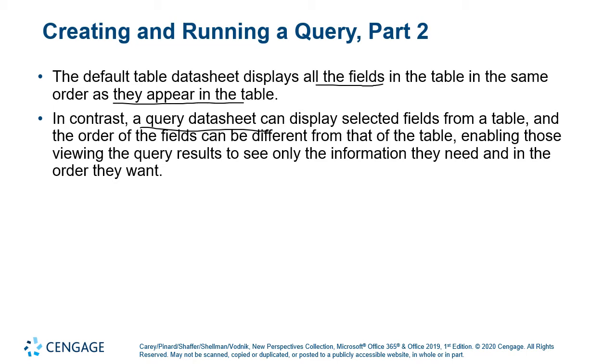So that's a very powerful function that can be performed by the query. You can even change the order of those fields, columns, and rows, all of them can change. You can specify the order in which the result should be displayed.